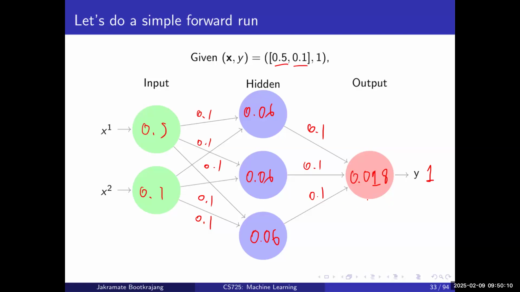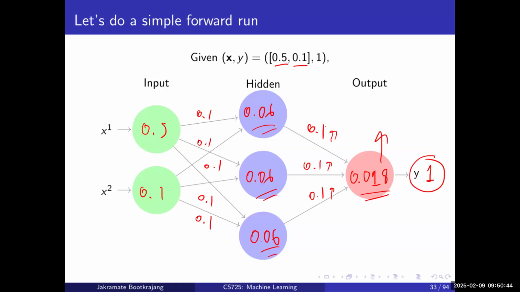So when we know the value of this hidden layer, we know that we want 1, but our answer is too small. We want our answer to be higher, so we have to increase the weights. There are 3 weights. You can increase them equally, or you can increase them based on the output.